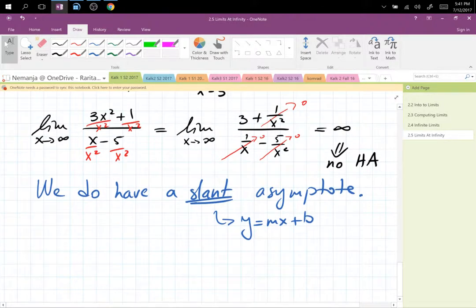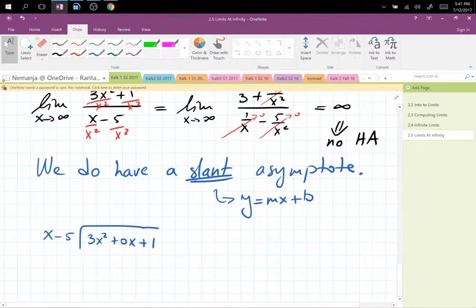So in this particular case, I will take x minus 5 and divide that into 3x squared plus 0x plus 1. I use the placeholder on x. And then just do this division real quick to come up with the equation. x goes into 3x squared 3x times. Multiply back, we get 3x squared minus 15x.